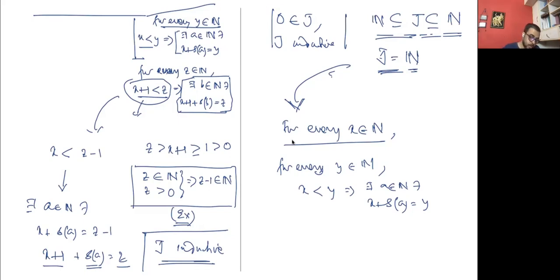Okay. So basically what it tells you is that for elements in n, you will have strict inequality if and only if they differ by something in the image of S, right?